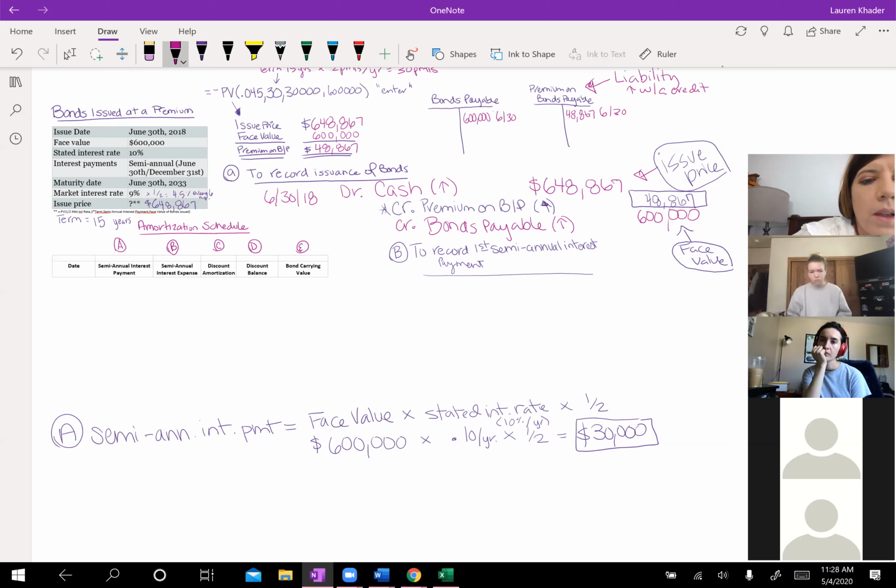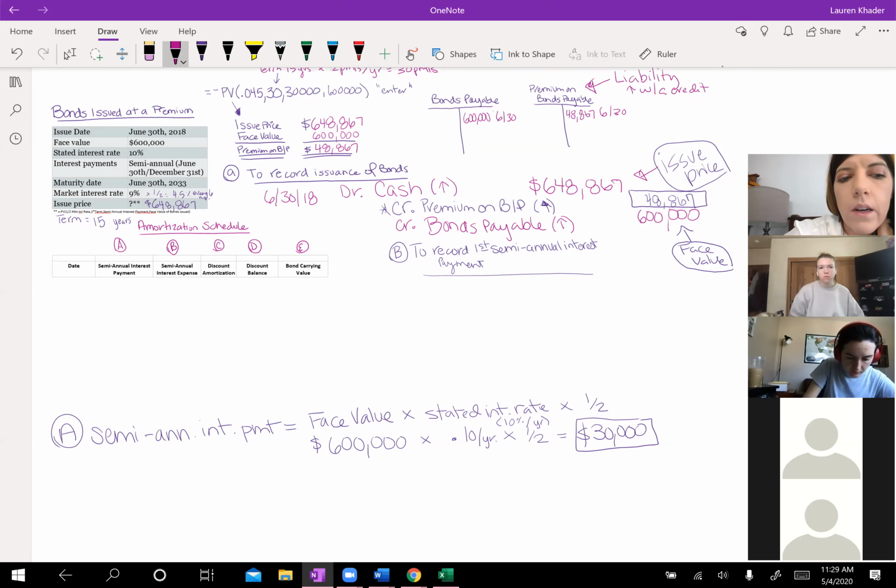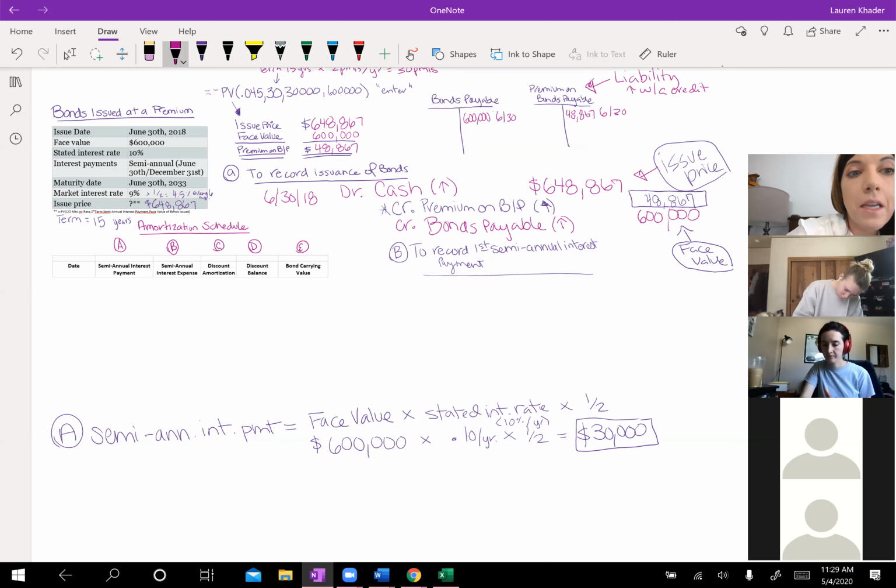So in my amortization schedule, do you guys want a minute to write this down? Yeah. Okay. Take a minute, and it's the same table. There's going to be a slightly different calculation, but we still have our date in the first column, semi-annual interest payment in the second column, semi-annual interest expense in column B. Sorry, it's not supposed to say discount amortization.